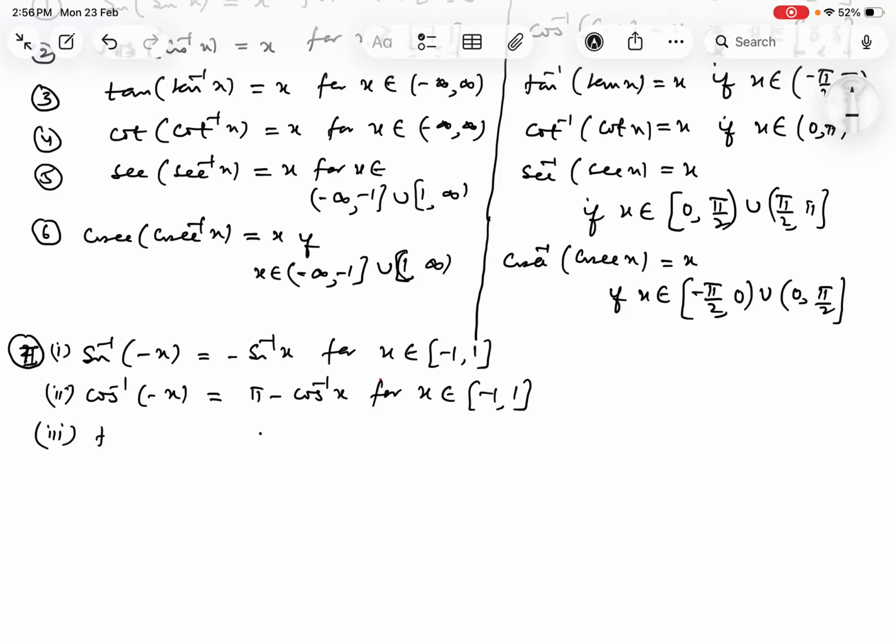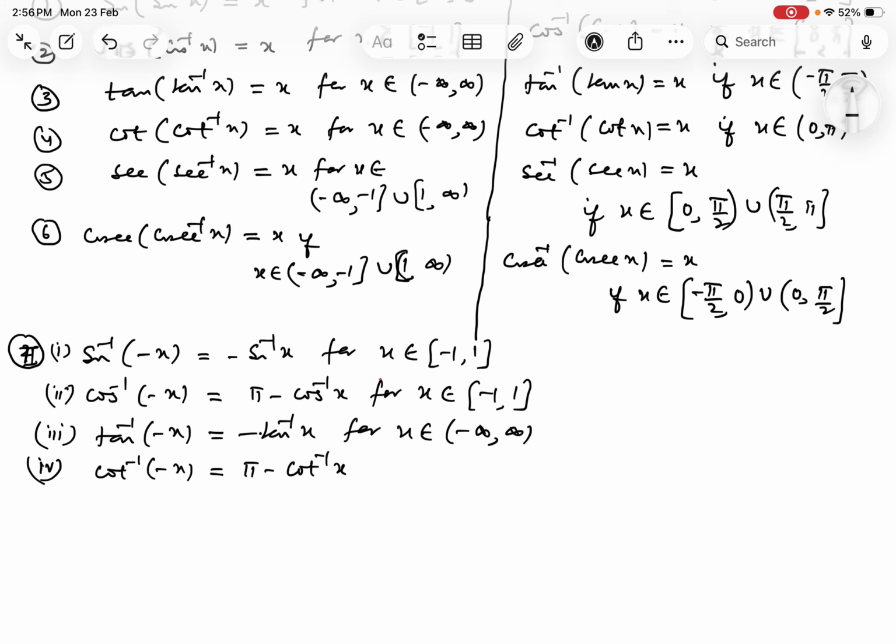Tan inverse of minus x is equal to minus tan inverse x for x belonging to minus infinity to plus infinity. Cot inverse of minus x is equal to pi minus cot inverse x for x belonging to minus infinity to plus infinity.